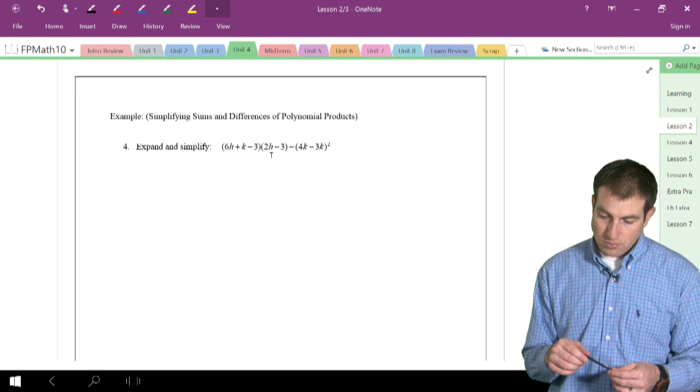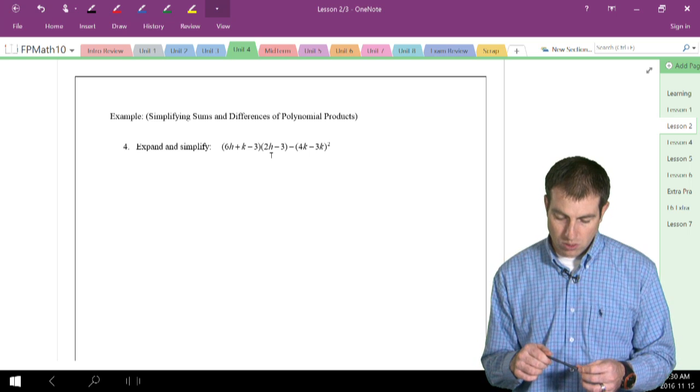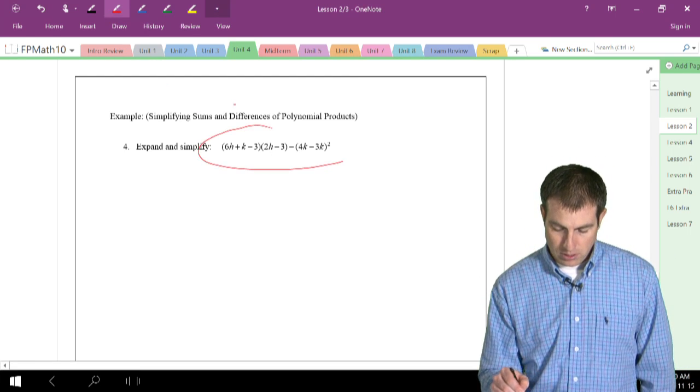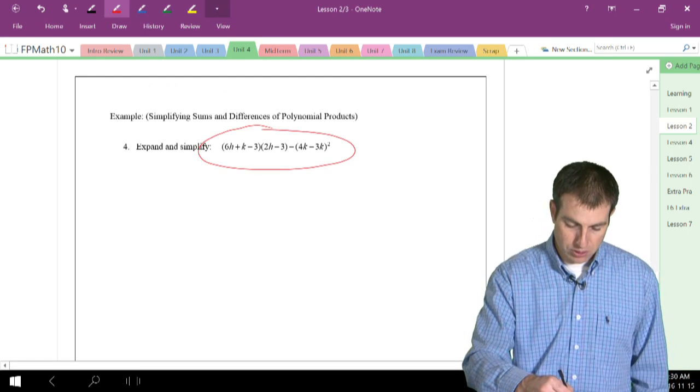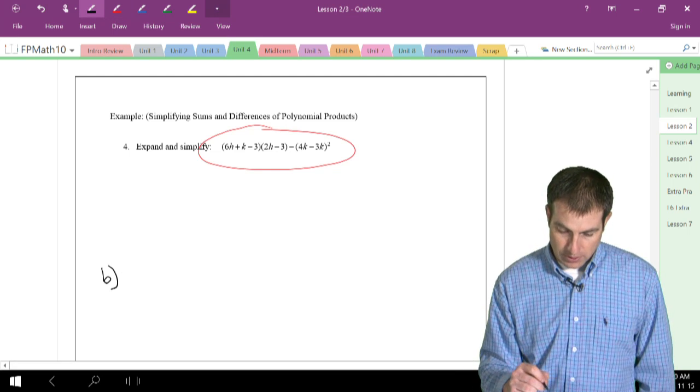So let's think about it in terms of this. What I'm going to do is I'm going to leave this question for now. I'm going to come back to it. So we're going to just make letter B down below here. And we have done this before.